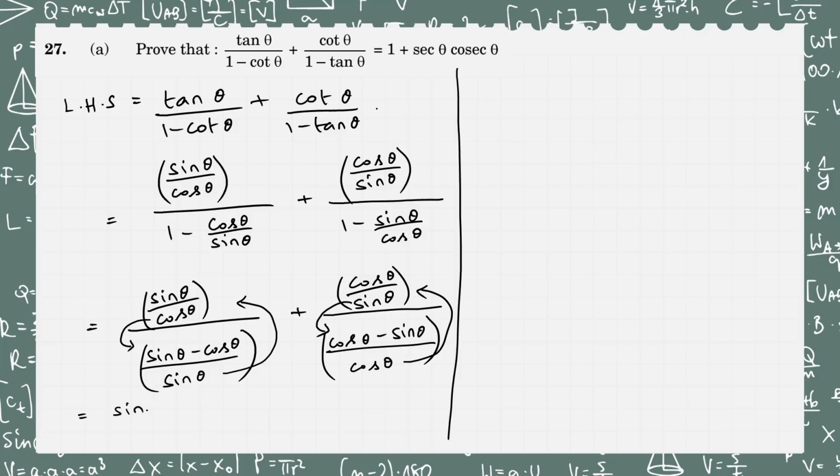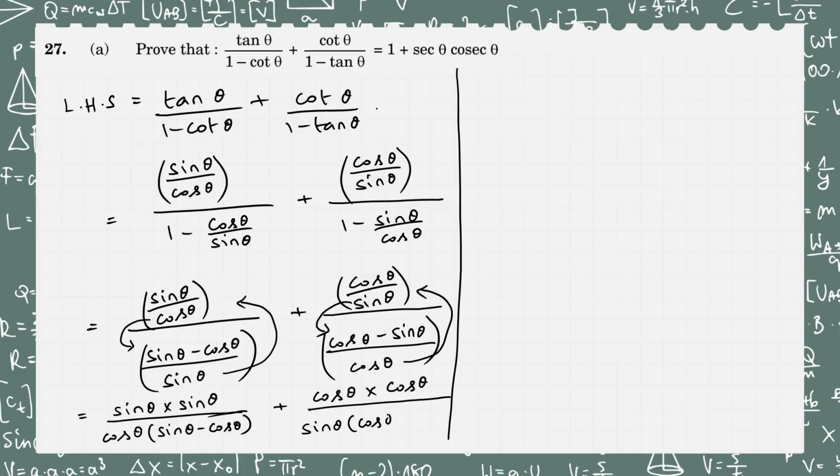So we get sin theta into sin theta divided by cos theta into sin theta minus cos theta, that's the first fraction's value, plus do the same for the second fraction also, cos theta into cos theta divided by sin theta into cos theta minus sin theta, right?